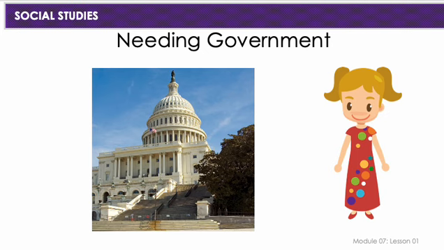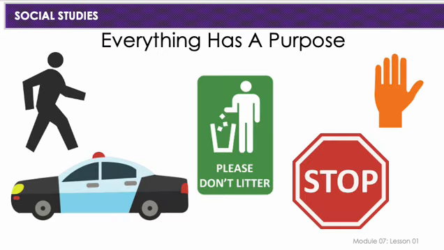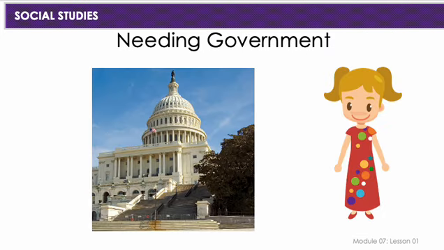in Washington, D.C. So, we just talked about how governments have laws and laws have a purpose. So, here in Washington, D.C., at the Capitol, this is where we have laws that are passed and voted on, and government makes decisions based upon what laws are necessary and needed.